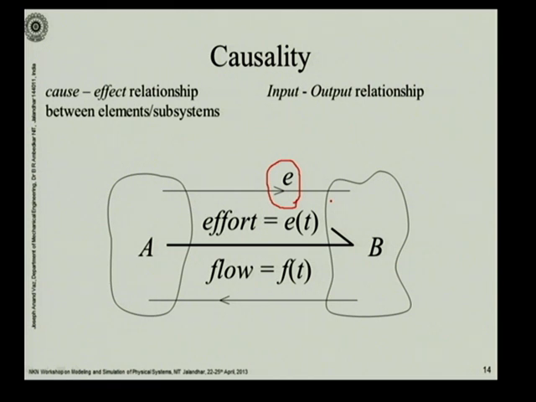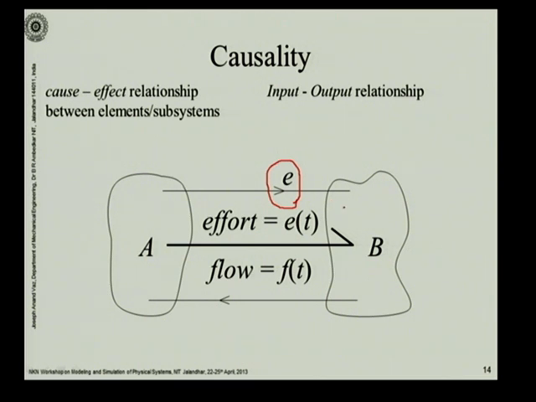In physical systems, it is compulsory that if the information of one of the variables of power goes from one end to the other, the information of the other variable has to go in the other direction.